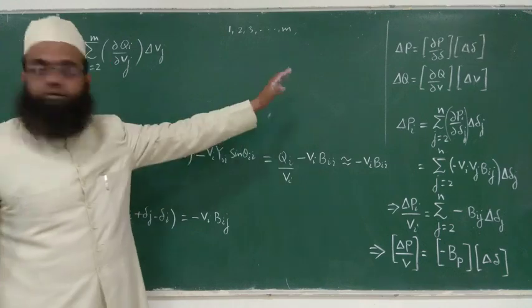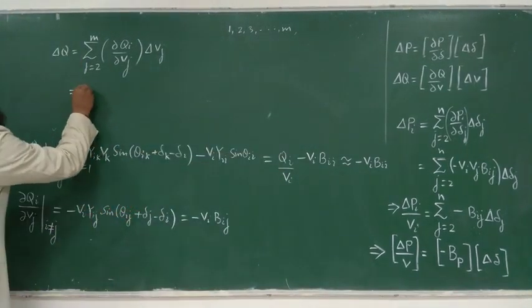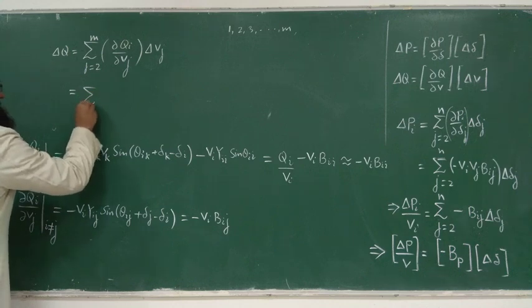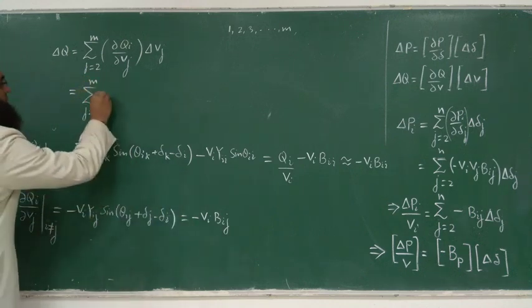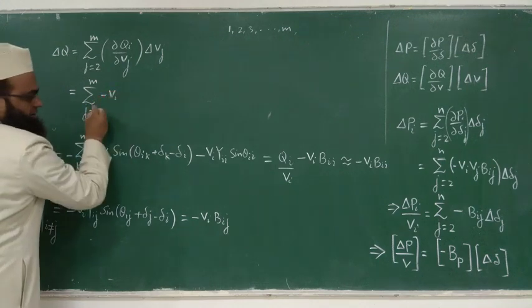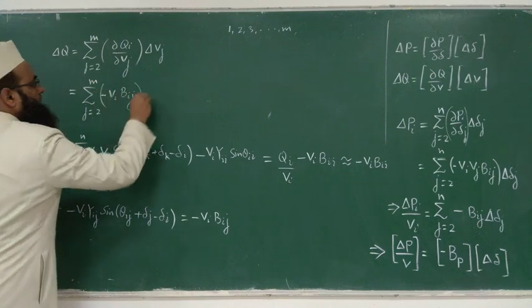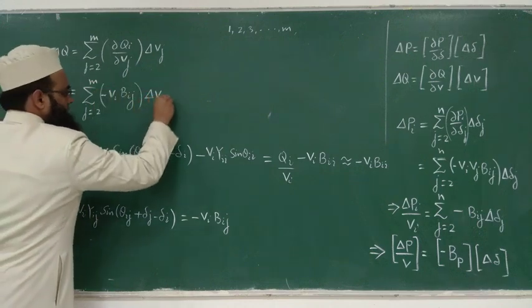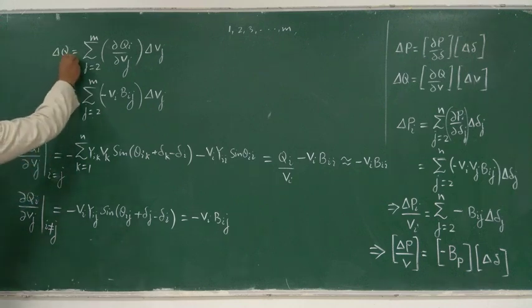And del Qi upon del Vj is this one, with these earlier three assumptions. So write it. That will be equal to the sum over j equal to 2 to m of minus Vij times del Vj. Clear? Del Qi, we are writing for the ith term.